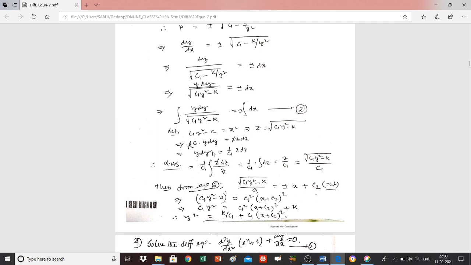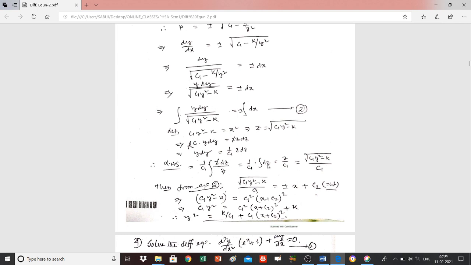Now substitute the value of y dy in the left-hand side of equation number 2, which gives 1/c1 times z dz over z, and this is equal to z.